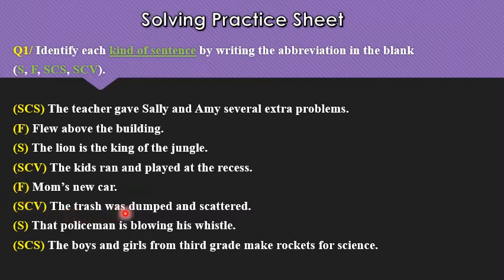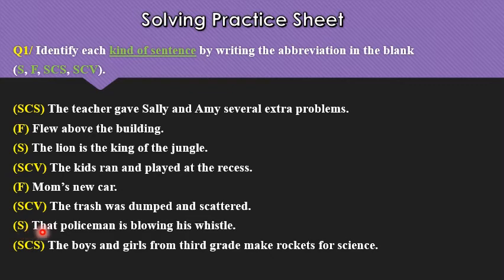The trash was dumped and scattered. Now, here I have two verbs together, of course. So it's going to make a compound verb, which I'm going to call simple sentence with a compound verb. That policeman is blowing his whistle. This is a simple sentence because it expresses a complete thought.